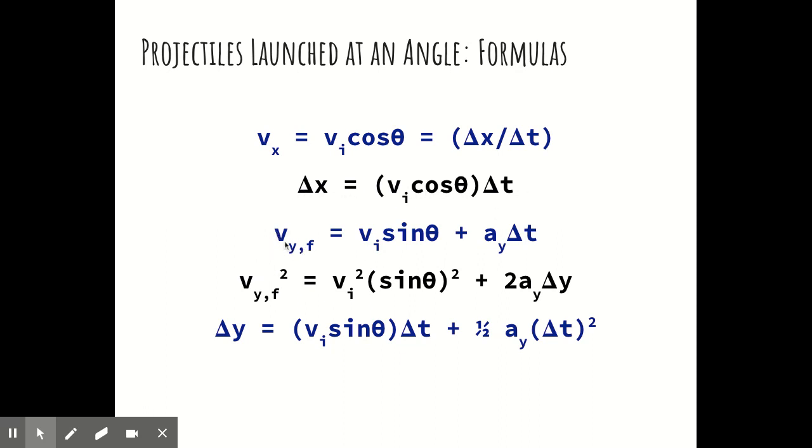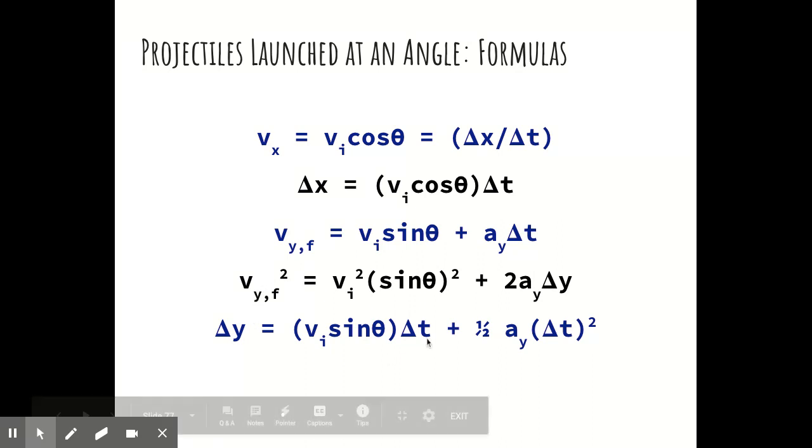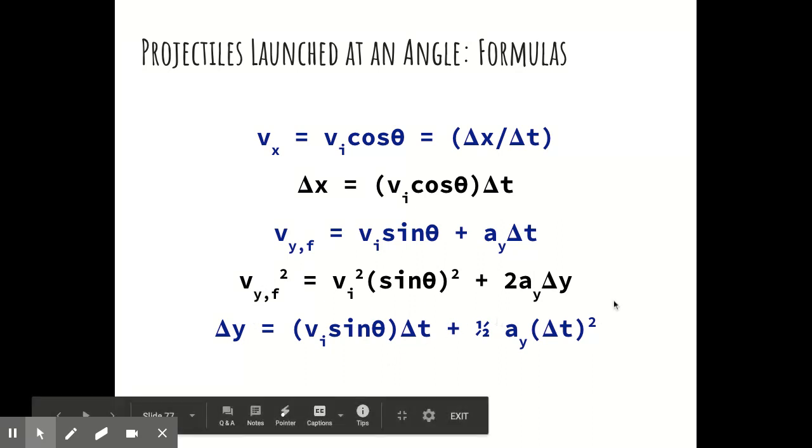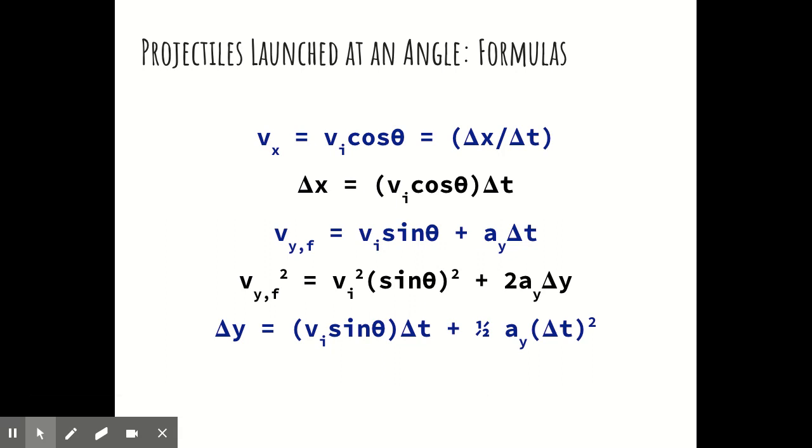The final vertical velocity can be solved this way. You just have a variation of different formulas you can use. And again, they're all using the same components that we've been looking at all year. They all have velocity, displacement, time, and acceleration. Those are your basic kinematics formulas that we've been using. We're just now adding in angles and taking into consideration launching and dropping.